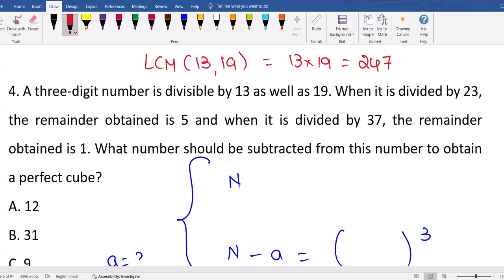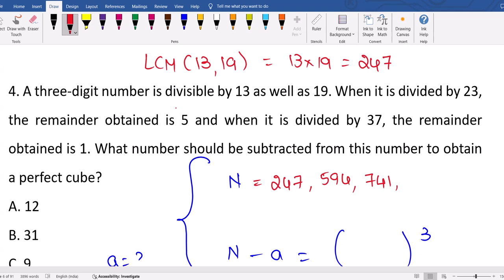It can be multiples of 247. 247 into 2 is also divisible by 13. Don't fix only 247. The number can be 247, or 247 into 2, 494, or 247 into 3, 741.